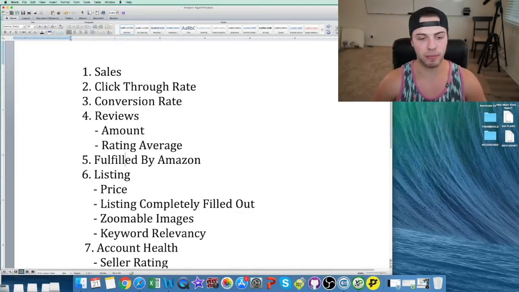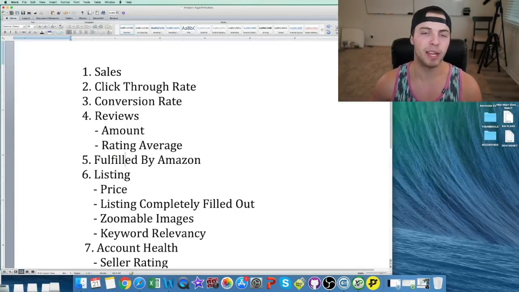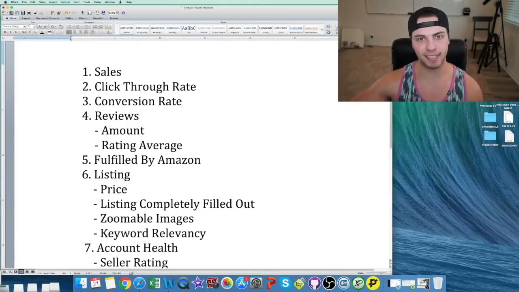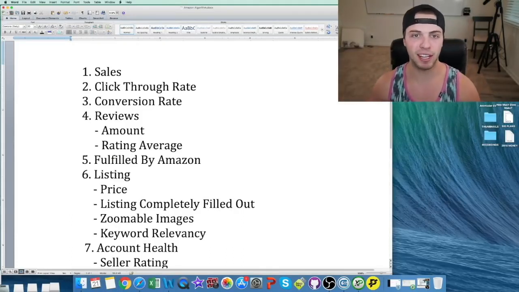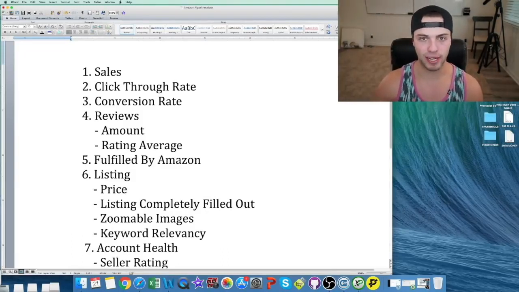Now, next is going to be click-through rate. What this means is if you type in a certain keyword, let's just say you're looking for an Amazon Echo, and you see multiple listings, and whichever ones you decide to click on, that would be click-through rate. So if 100 people search the word Amazon Echo and your listing only gets 3 of those people to click on it, then you'd have a 3% click-through rate.